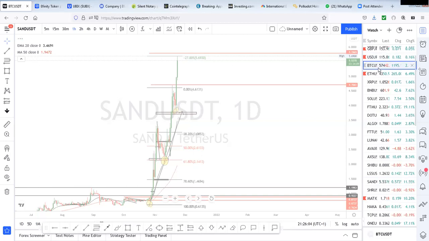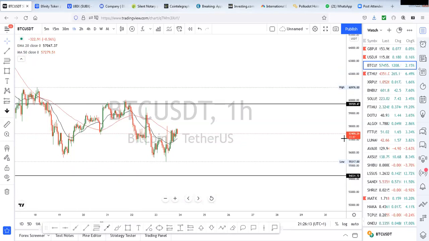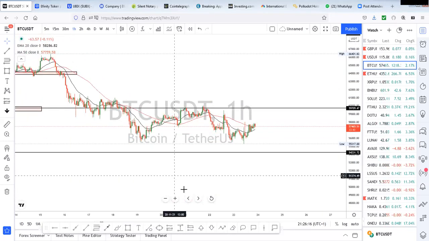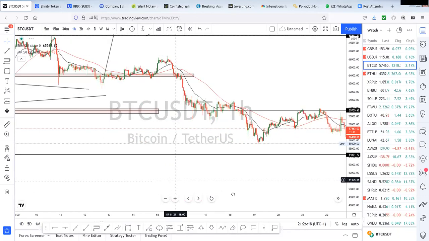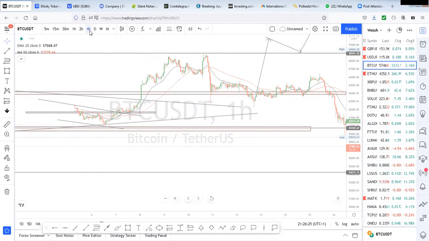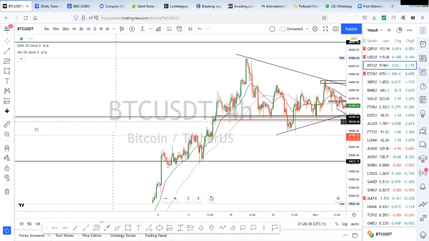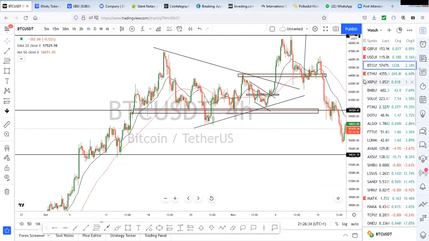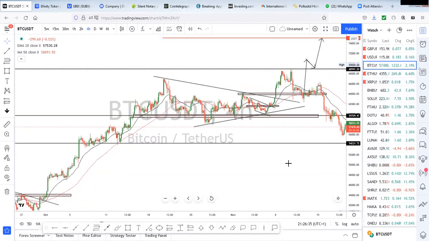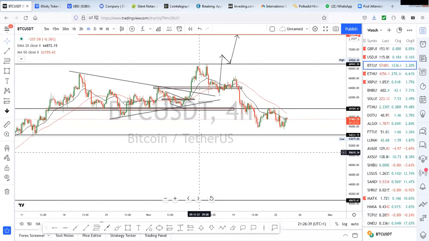Let me use BTC. Okay, this is BTC. You see all this, you see these areas here.